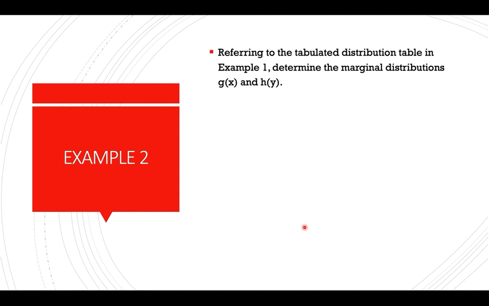Referring to the tabulated distribution table in example 1, we determine the marginal distributions g of x and h of y. So from table 1, g of x is the row total, and then h of y will be the column total.